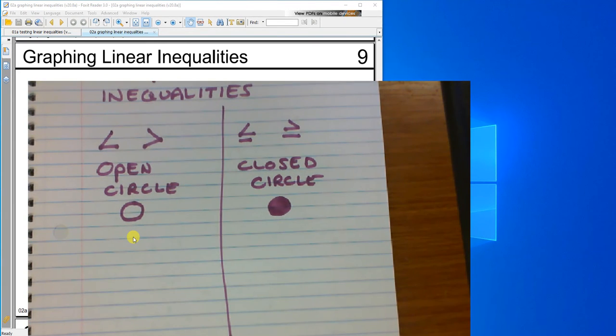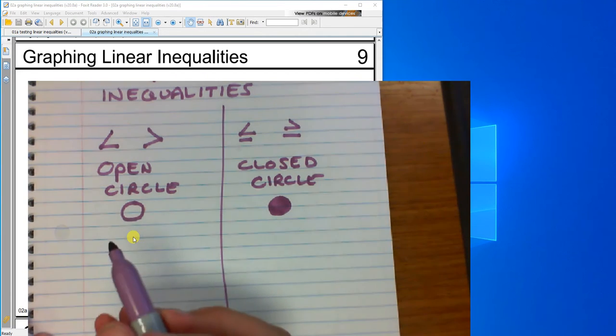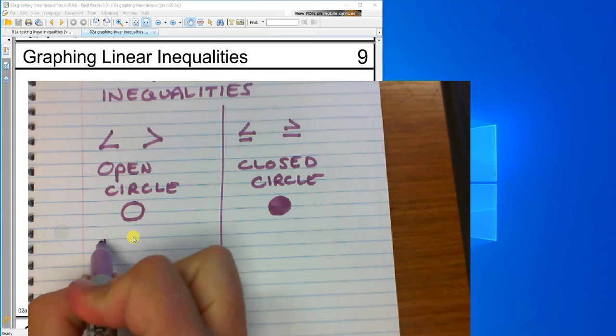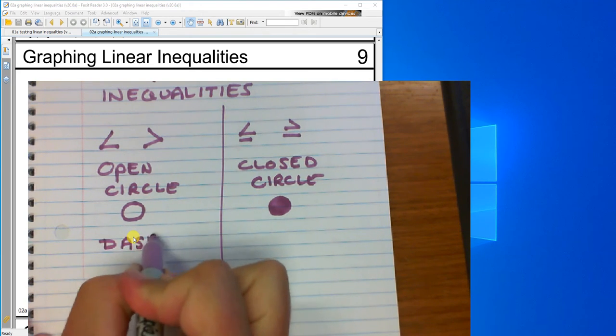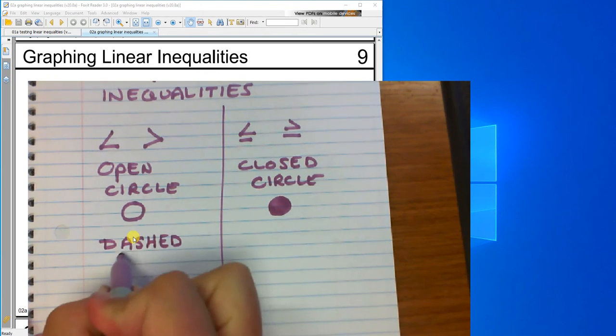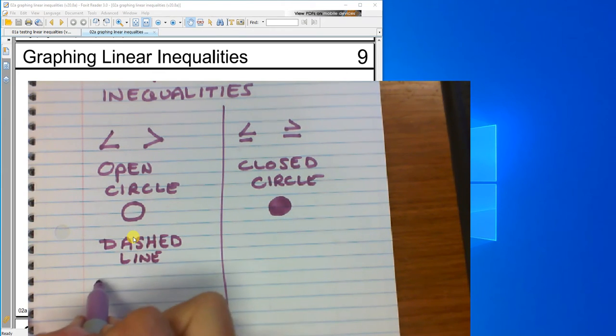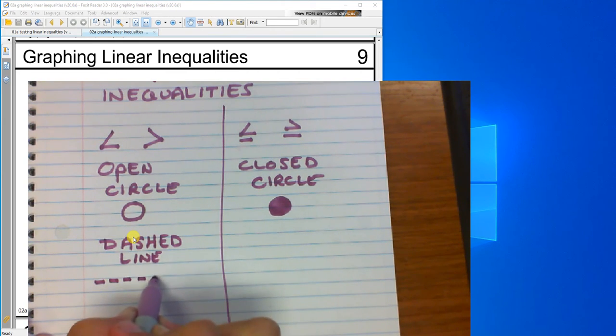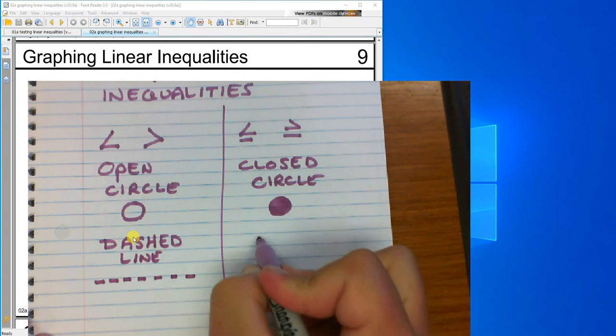But we're not going to be graphing on a number line. We're going to be graphing on a coordinate system. So we need another type of way to show it. So this would be a dashed line. And this would be a solid.